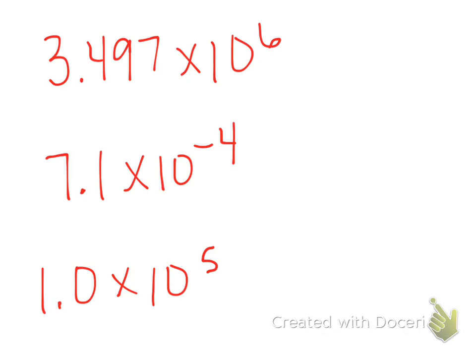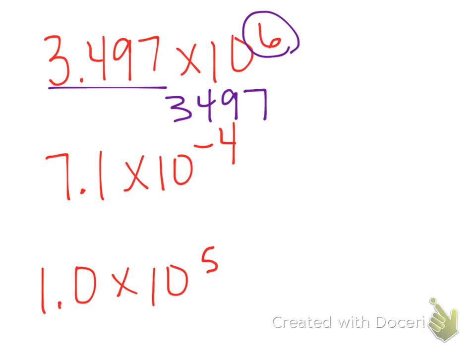Okay. When I think about expanding that number, I'm going to go ahead and write what I have, right? 3, 4, 9, 7. I knew I moved it 6 places from my ones place to get it to be bigger than 10 or smaller than 1. What am I trying to move it to?